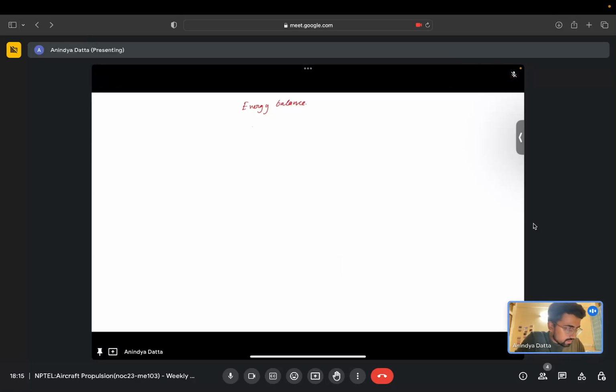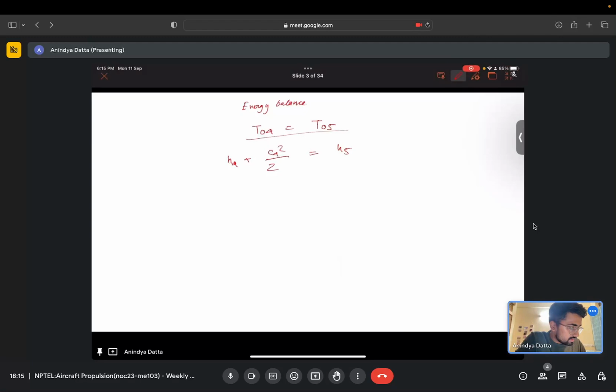We know T04 is equal to T05. All this comes from H4 plus C4 squared by 2 equals H5. Let me start from the energy balance: H4 plus C4 squared by 2 equals H5 plus C5 squared by 2.